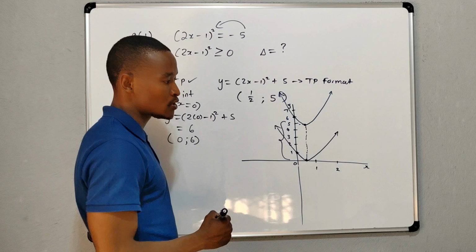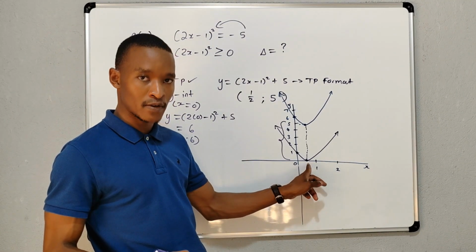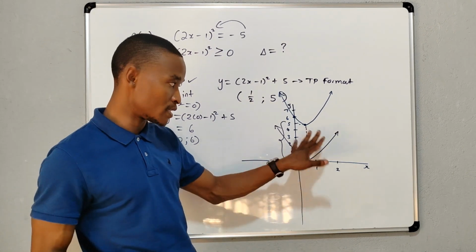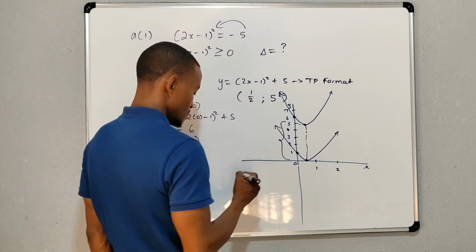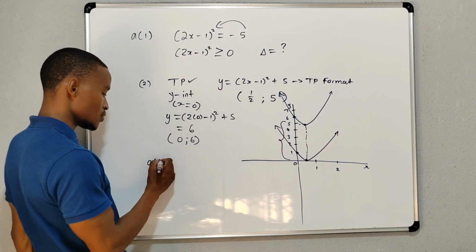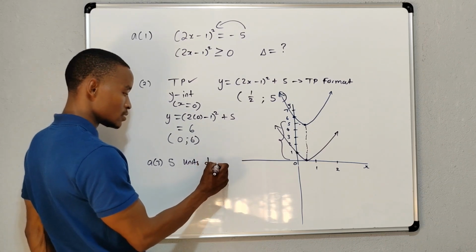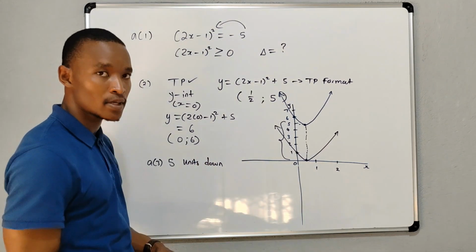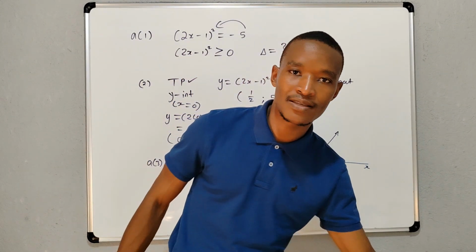Okay, so that is the new graph. It will definitely have real and equal roots because definitely the discriminant will be equal to 0 in this situation. So therefore, how must we move it? 5 units down. So the answer to this question is 5 units down. Okay, or we can just say, yeah, it's fine, 5 units down.